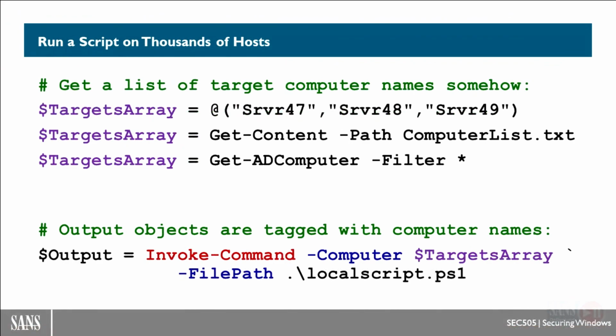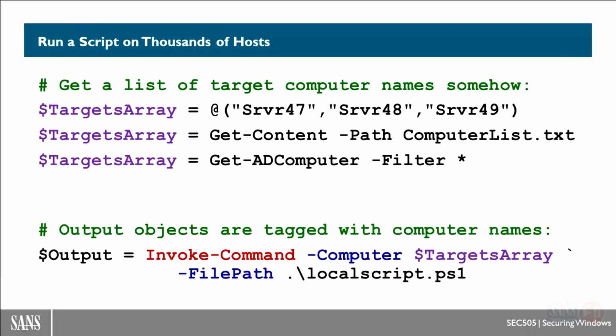Now, what happens in the background on your computer when you do this? PowerShell spins up 32 threads. Each thread connects to a remote machine and executes the script or command. Once that command or script finishes running, and any output has been returned to you over the network as XML, that thread then disconnects from that machine and then connects to the next machine in the list.